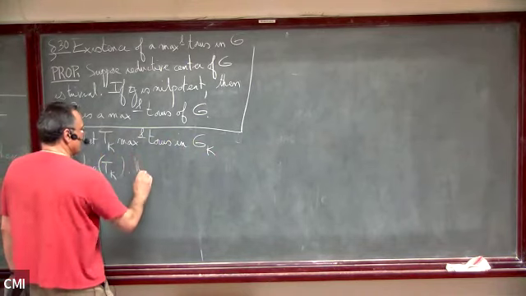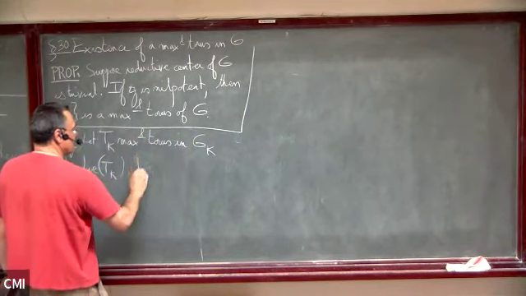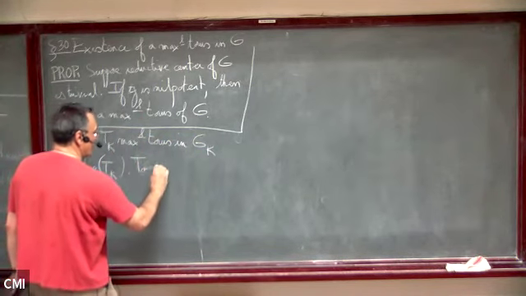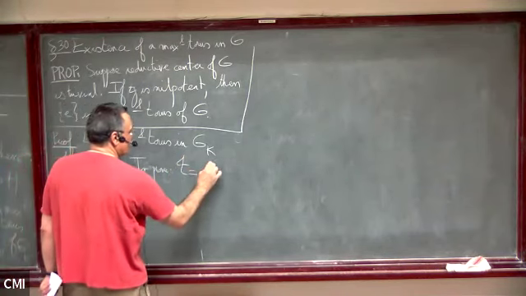So we are going to prove that the Lie algebra is 0.